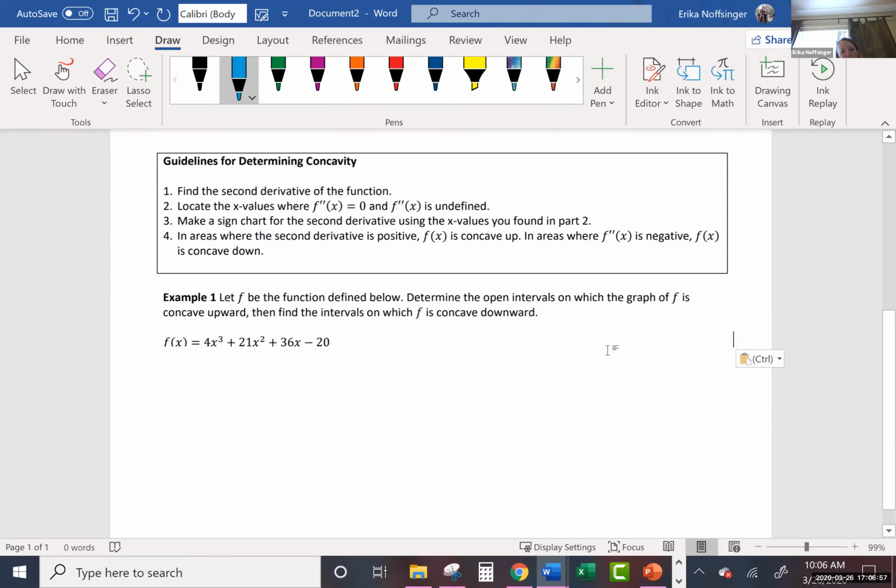Okay, so let's look at this example. You're given that f of x is 4x cubed plus 21x squared plus 36x minus 20.